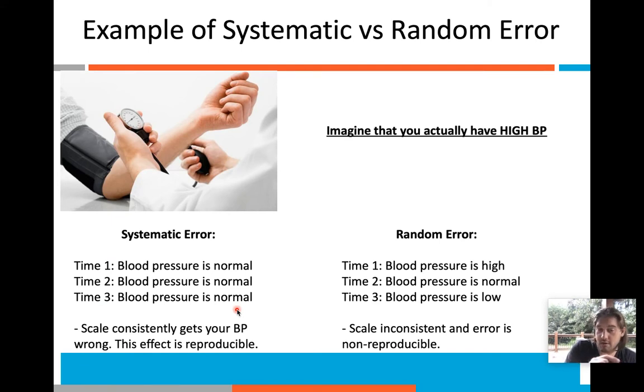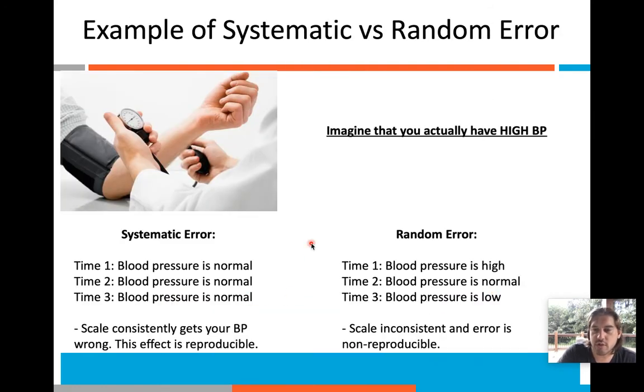It's an error, but it's a systematic error. It's a consistent error. Random error would be one time we say you're high, one time we say your blood pressure is low, one time we say your blood pressure is normal. There's just inconsistency, and the error is non-reproducible.